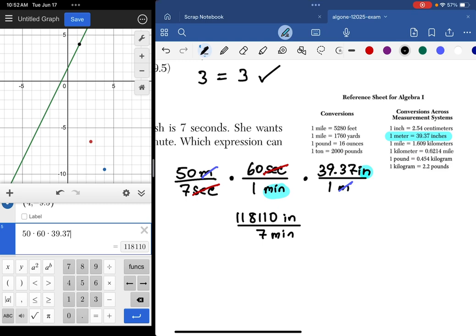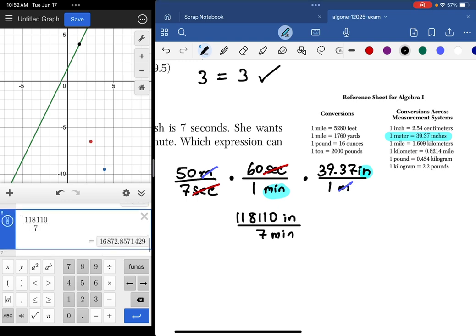And so then I would take my 118,110 and divide it by 7, and I would get 16,872, depending on how they ask it around, 0.86, and that would be inches per minute.